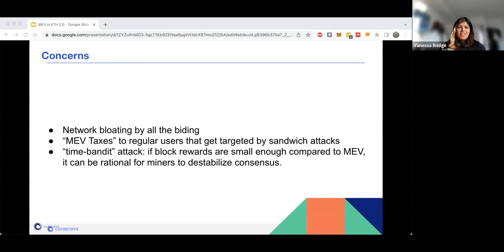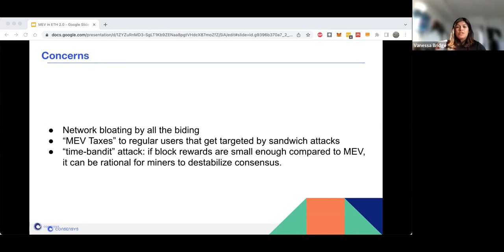And so finally, just some of the concerns to highlight in terms of MEV. We talk about the network bloating because of all the bidding. That's taking resources from all the other users that want to participate in the network and then getting lost in this bloating.